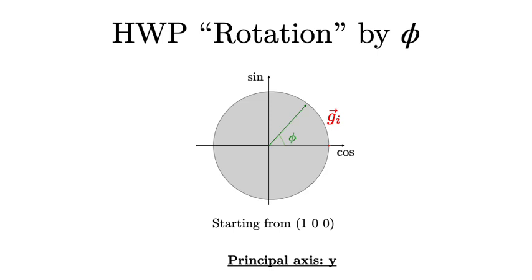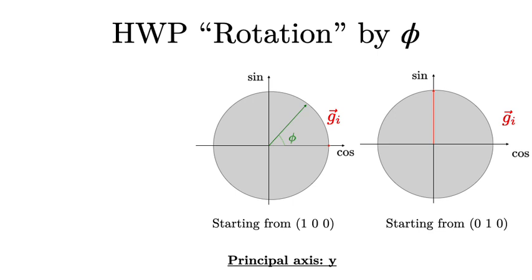Now, suppose that you start from 0, 1, 0. This is again the red arrow. Now here you do not have just a rotation. You first invert along y, so this is the dotted arrow, and second, you rotate by phi. So you see the effect of the half-wave plate is a little different in the second case than in the first case.